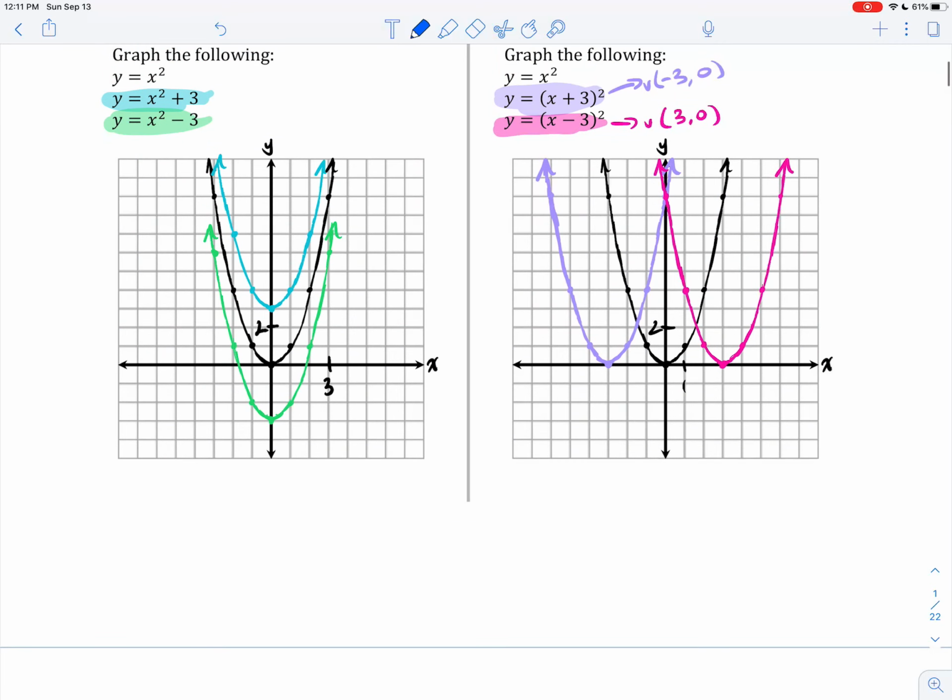Well, looking back here, that's these cases. When we had f of x was x squared plus 3, it meant that we took this original parent function and shifted it up 3. When we had y equals x squared minus 3, it meant that we took this parent function and shifted everything down 3.